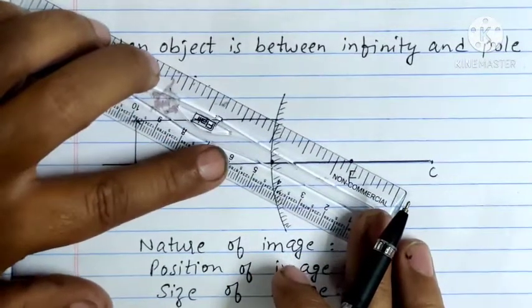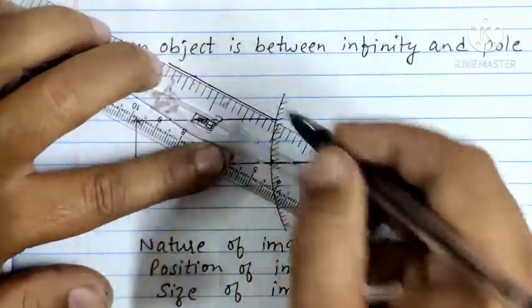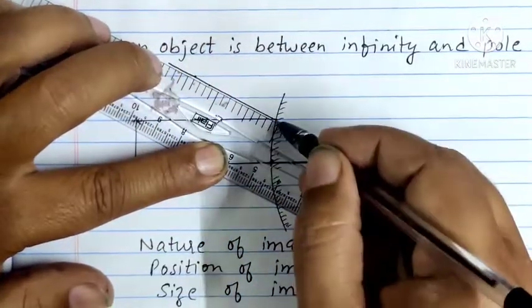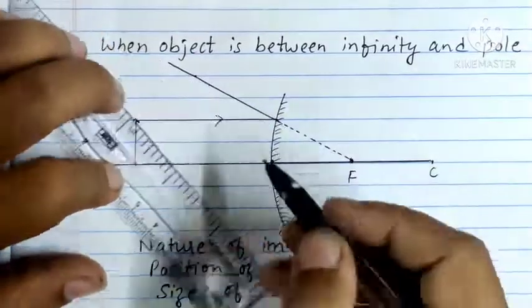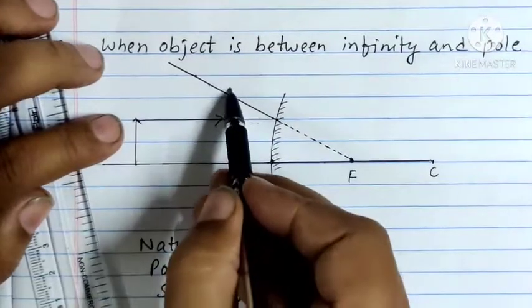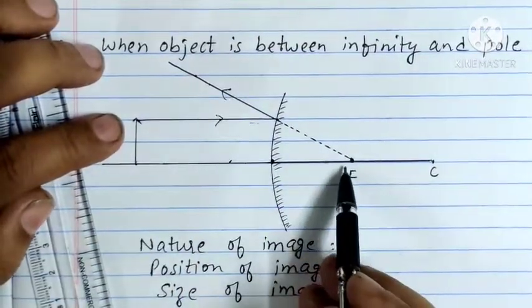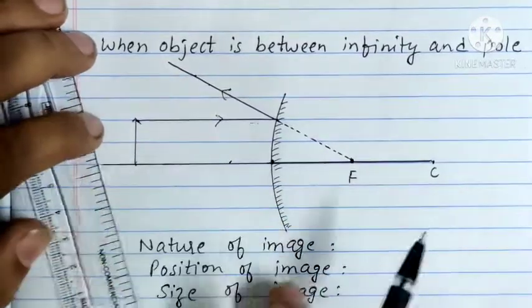So this will diverge, and we will join this. This is the ray parallel to the principal axis. After reflection it will diverge, and it will appear to diverge from the focus.